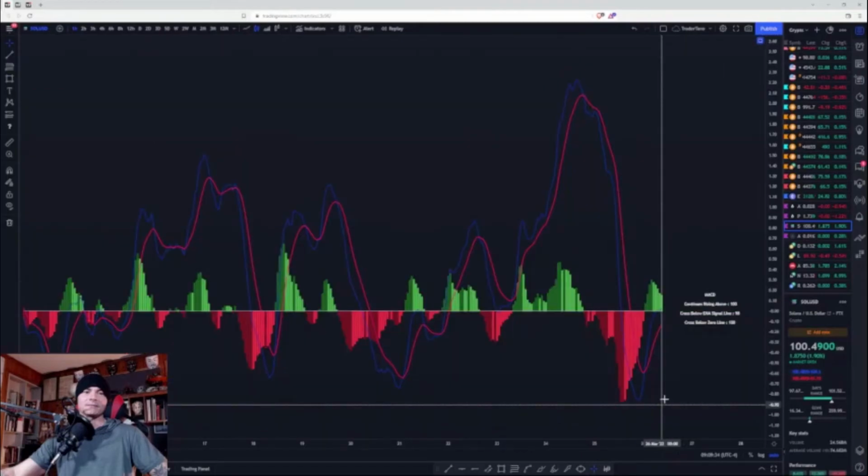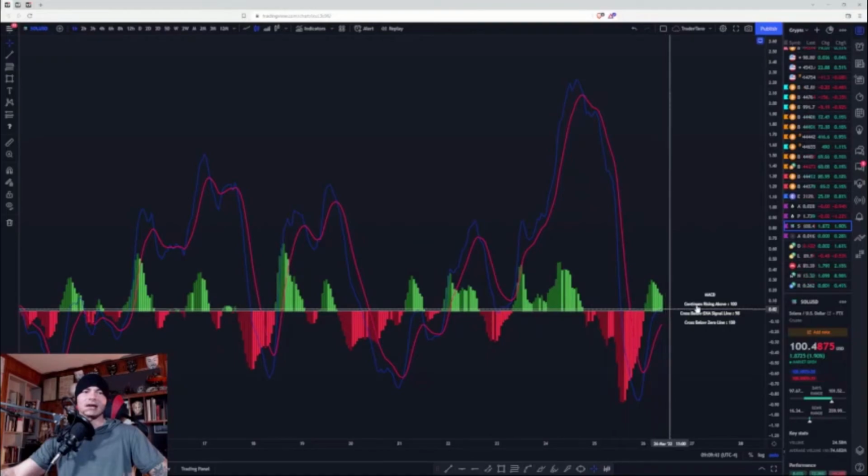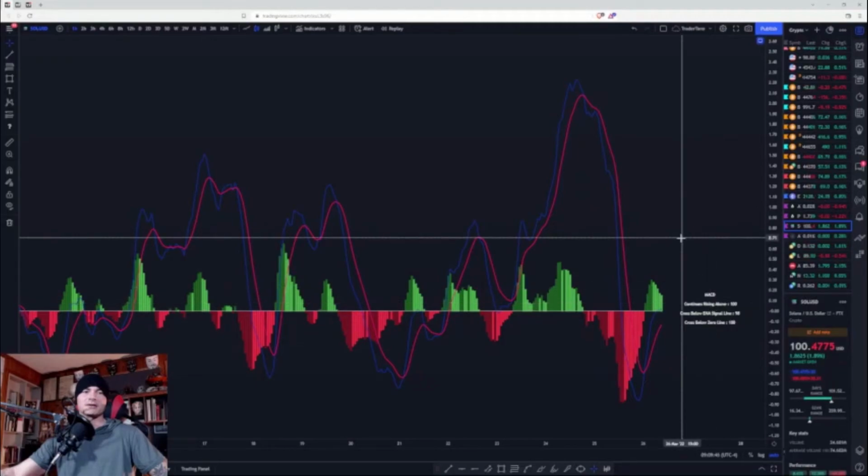MACD, positive momentum's waning on the histogram, but the MACD line did get a cross of the signal line, and we will keep that cross if we stay above $100. And we need to stay above 98 in order to not cross the signal line to the downside.